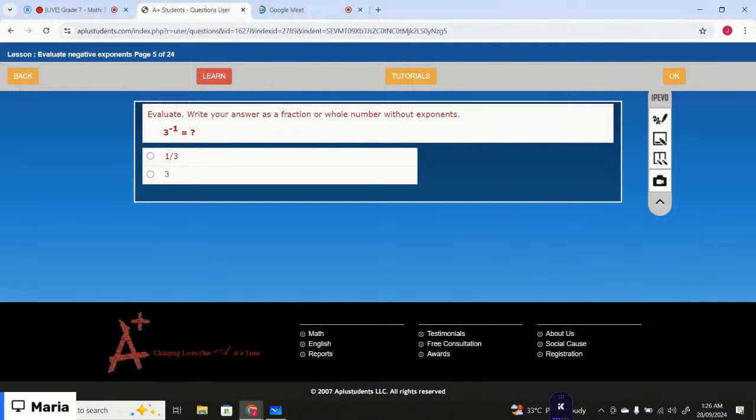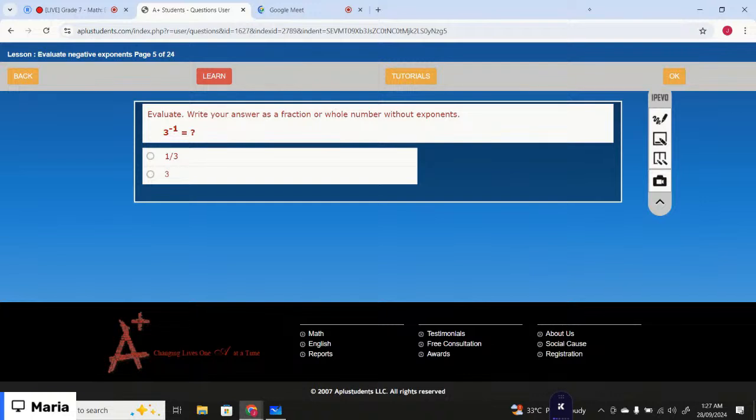3 exponent negative 1. So which is the correct option? That is 1 over 3.